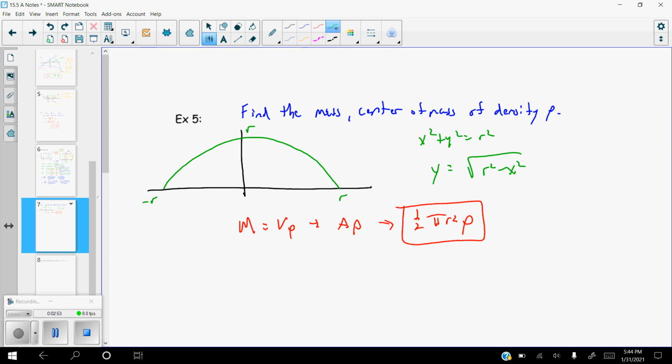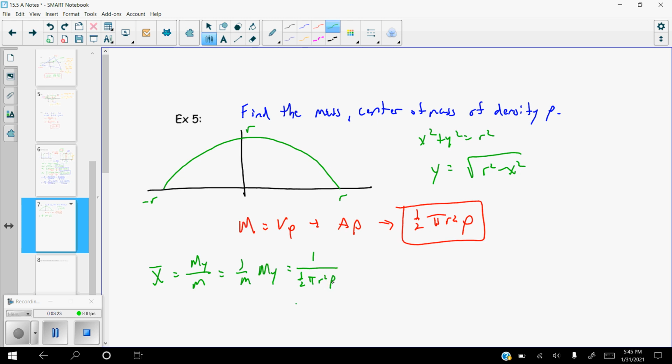To find center of mass, we need to find x bar and y bar. So x bar, remember, is the moment of y divided by the mass. Or you could write that as 1/m times the moment of y. Same thing. Well, we know that the mass is 1/2 pi r squared rho. So it'll be 1 over 1/2 pi r squared rho.